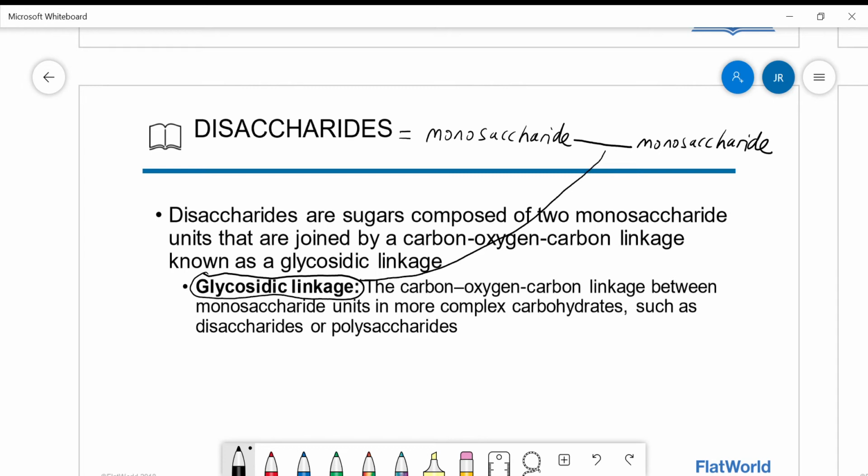And if we get more and more monosaccharides joined together, so let's say this monosaccharide is a blob, and we can link that blob with another blob, then you could have a blob and a link and a blob and a link and a blob, where each blob is a monosaccharide. And eventually, if you have enough of them, let's say we have n of them, that would equal a polysaccharide.